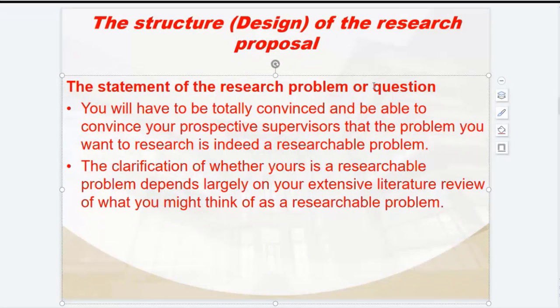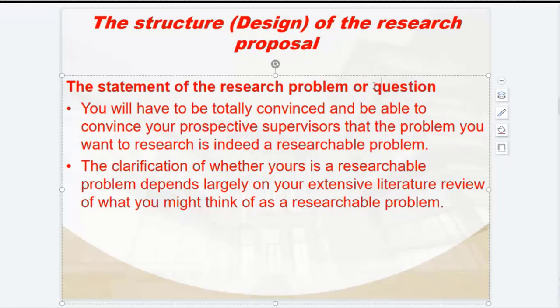And literature says this: when you state the research question or the research problem, the researcher will have to be totally convinced and be able to convince the prospective supervisors that the problem the researcher wants to research is indeed a researchable one. It means we must satisfy the supervisor.